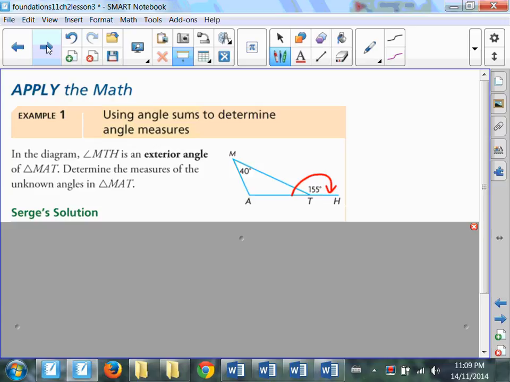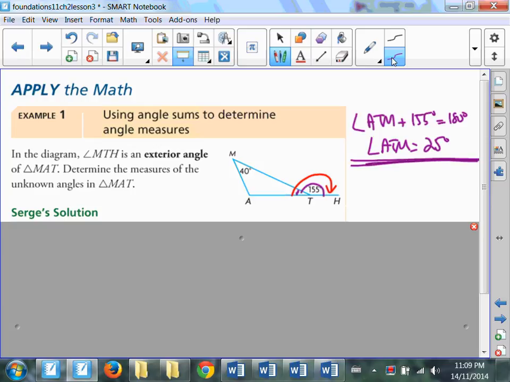So therefore, what that tells me is that angle ATM plus 155 degrees will equal 180. So I'm saying that this plus this is equal to 180. So angle ATM is going to equal 25 degrees. Right?